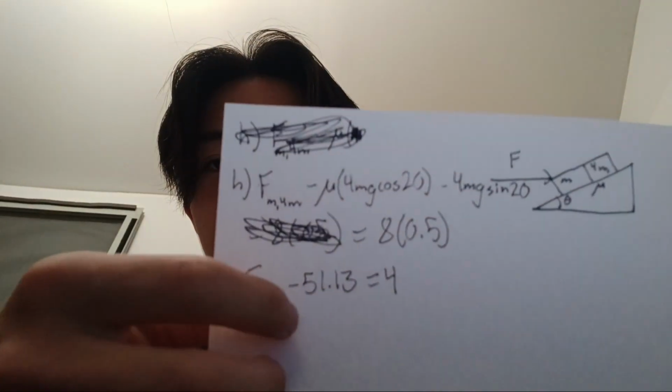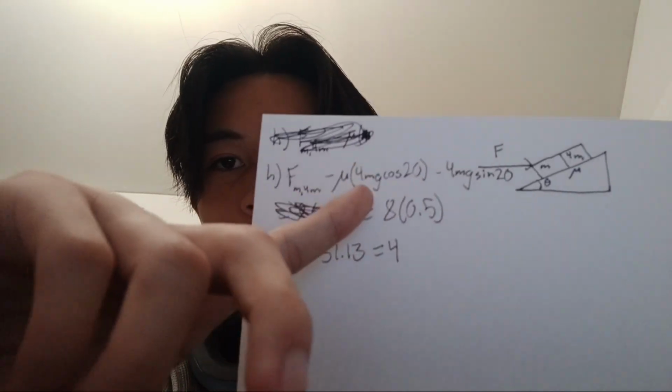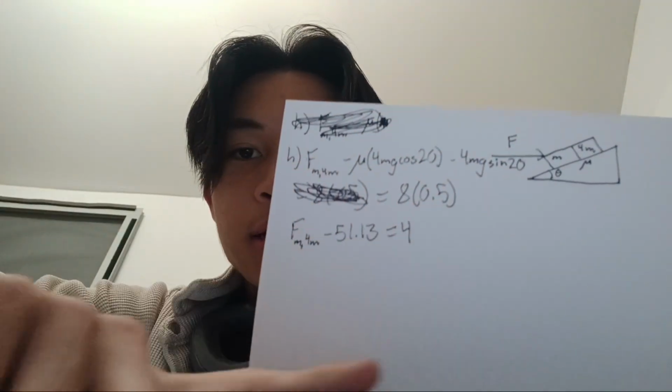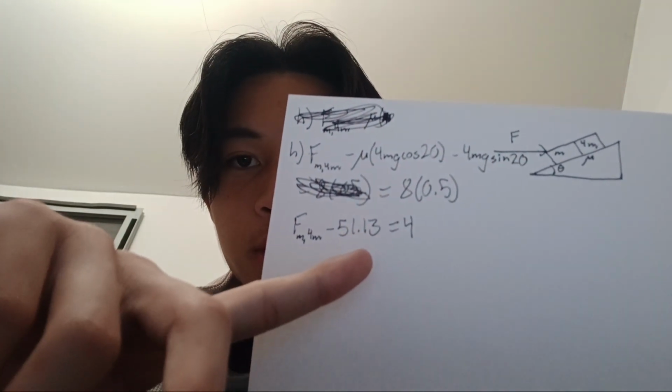All right. So we get this. All right. So just plug in the given values, and all of this stuff adds up to 51.13, and then add it to 4.